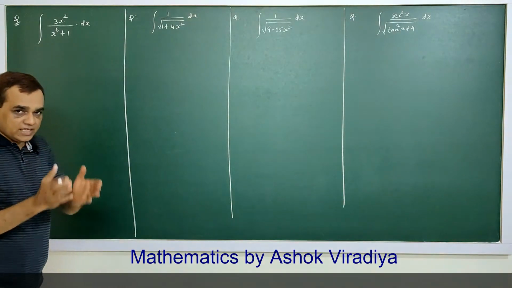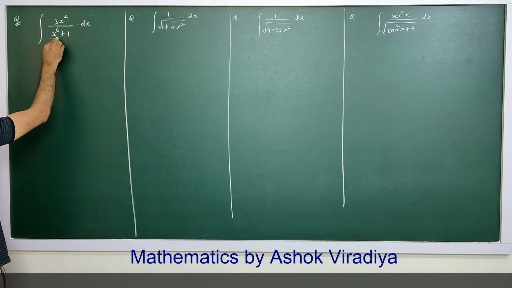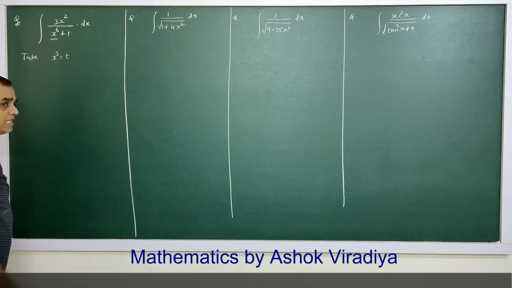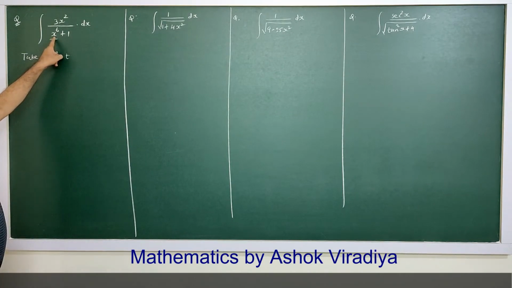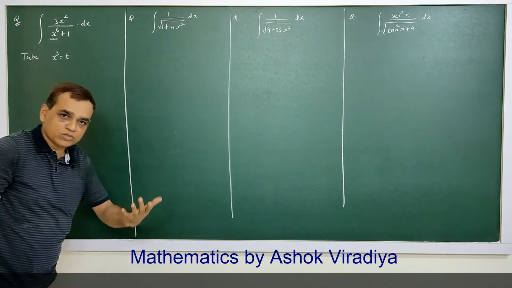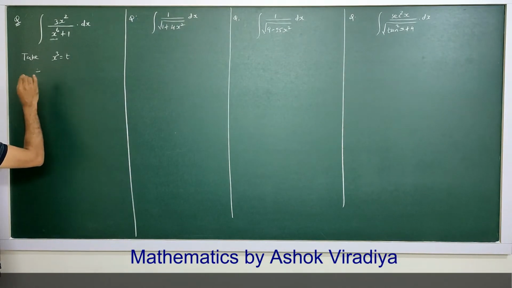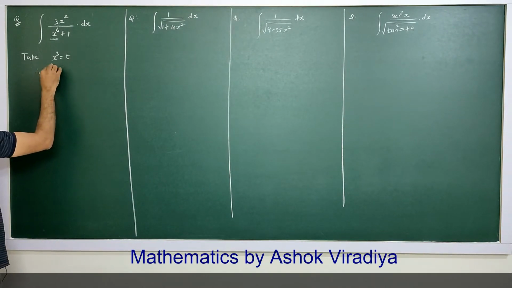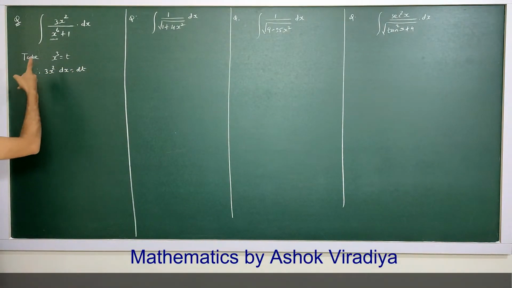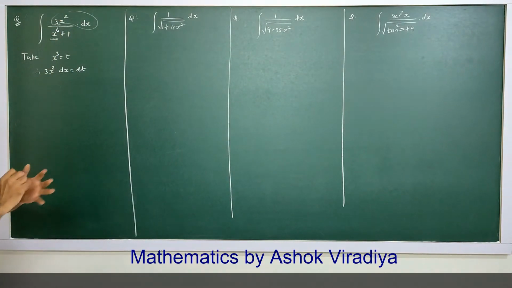So if we take x cube equal to t, this can be converted into t square plus 1. So taking x cube equal to t, 3x square dx is dt. With this substitution, the 3x square will be removed with dx.